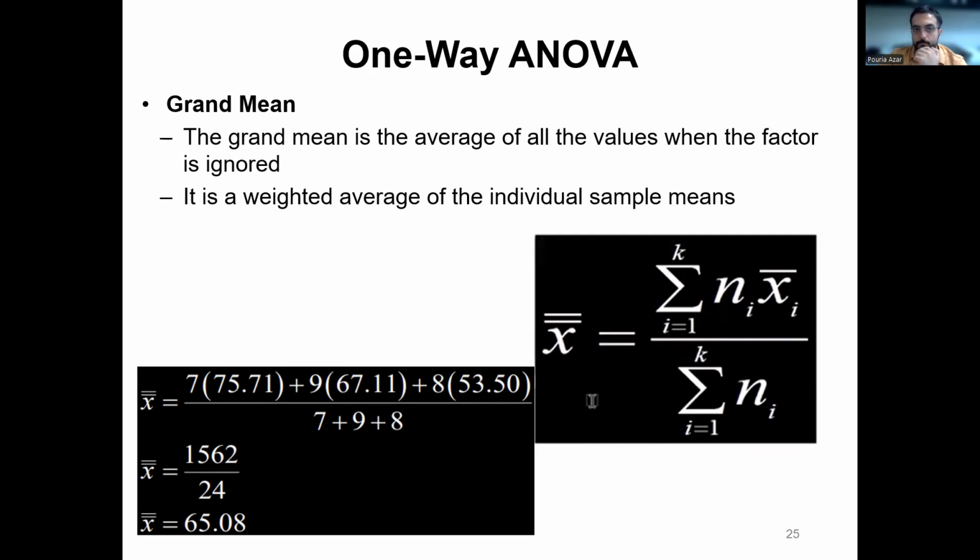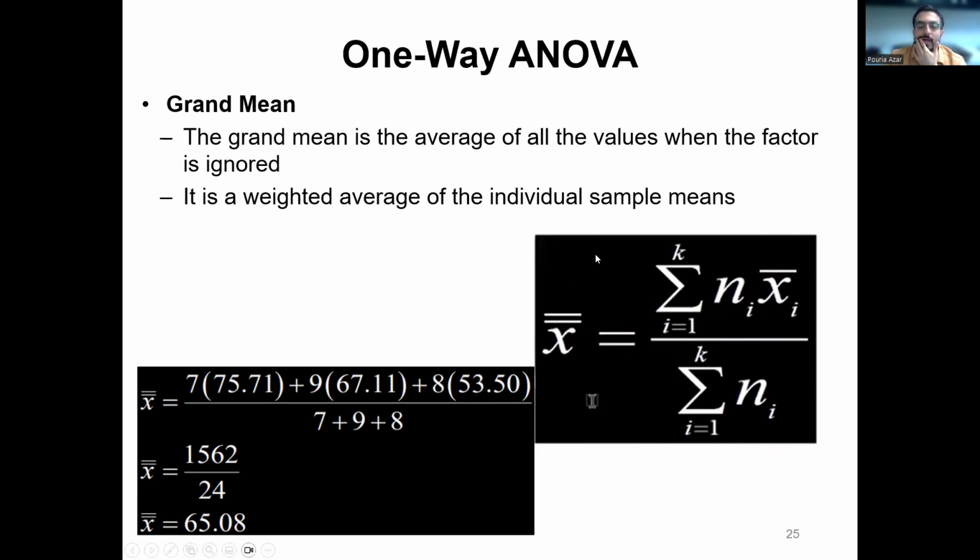Grand mean. We saw grand mean in the POP example. So grand mean is the average of all the values when the factor is ignored. So the grand mean is the average of all of the values in our data set, the average for all of the individuals in our data set. And grand mean is a weighted average of the individual sample means. And here is the formula for that.